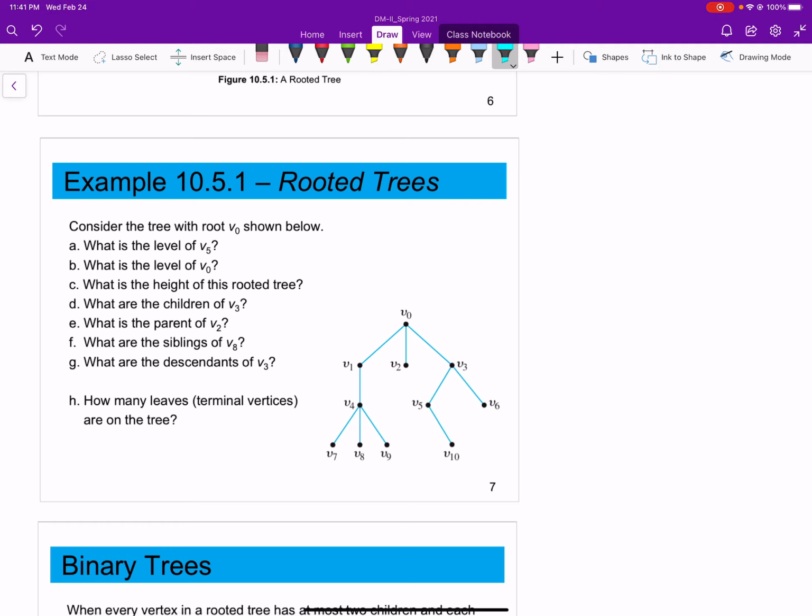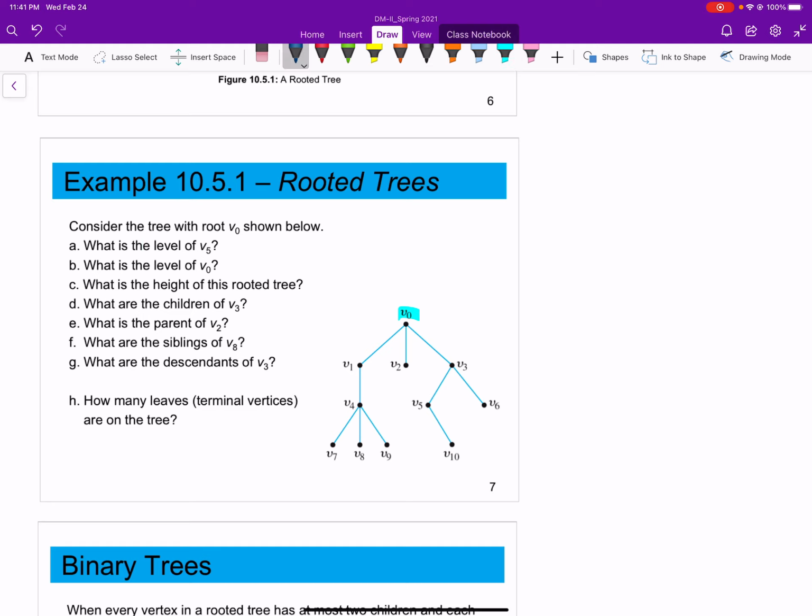In this slide, we're gonna discuss an example. All right. Example 10.5.1 rooted tree. Consider the tree with root v0, which is right here, shown below. So there are several questions you have to answer.